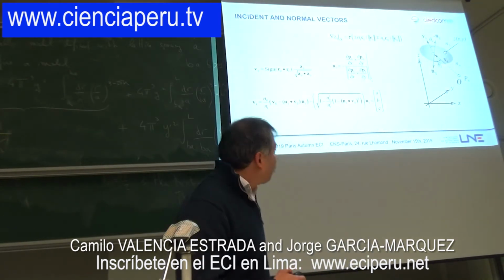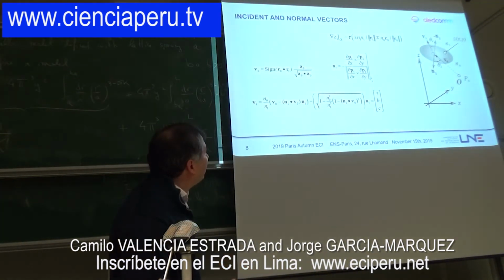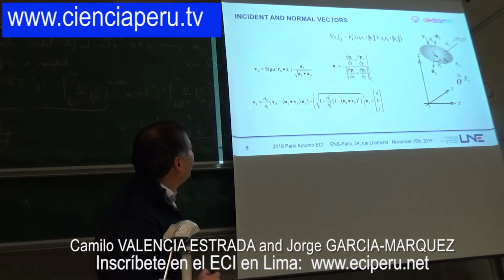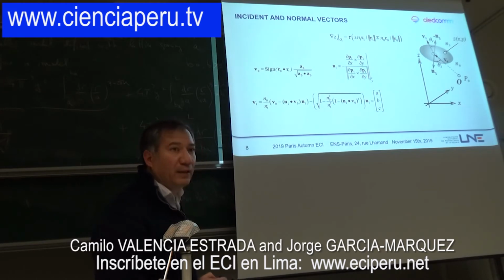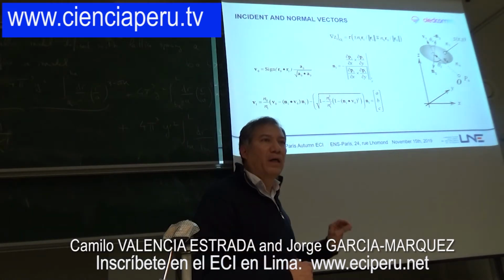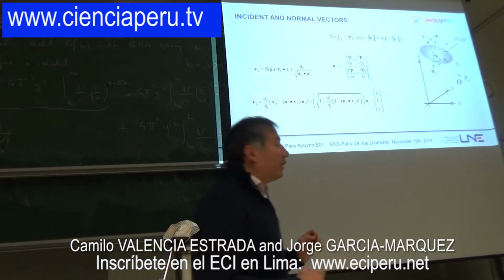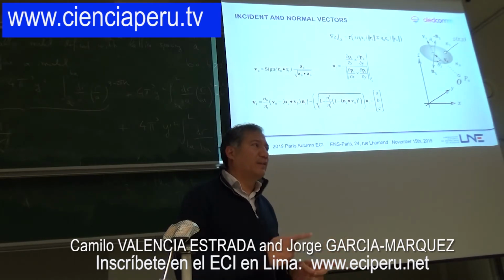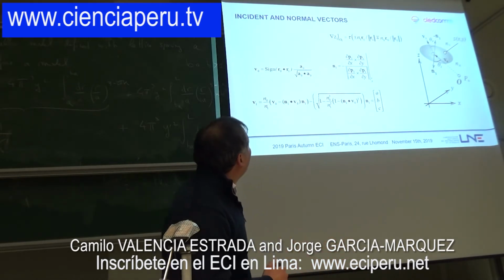Now, we want to obtain a vector V1, a vector VO, and the normal, and the word normal is very important here because it will ensure us that no aberration exists.